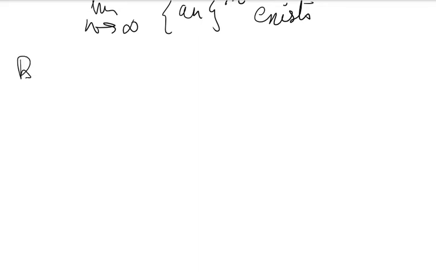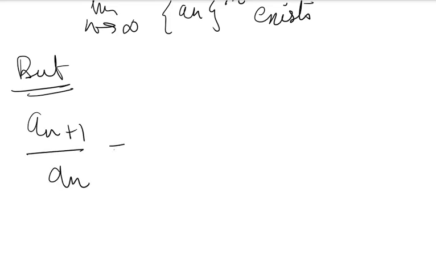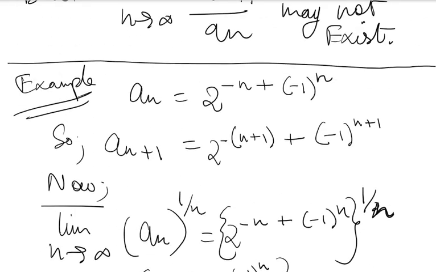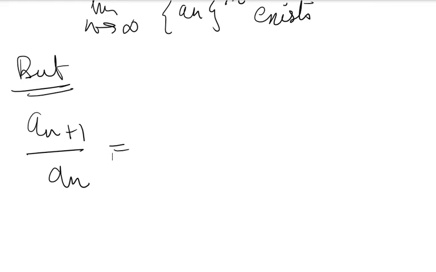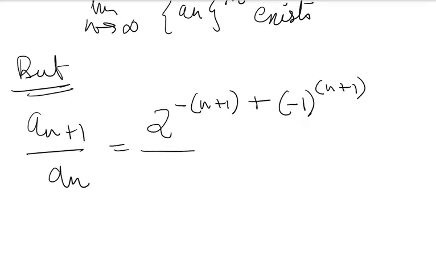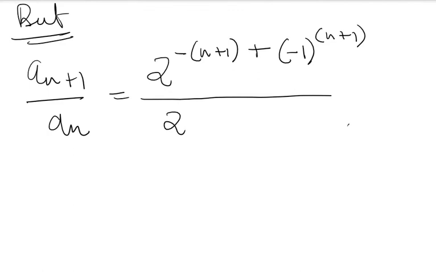So a_(n+1) divided by a_n will be equal to, let's copy a_(n+1). a_(n+1) is 2 to the power minus (n+1) plus minus 1 to the power n+1, whole thing divided by 2 to the power minus n plus minus 1 whole to the power n.